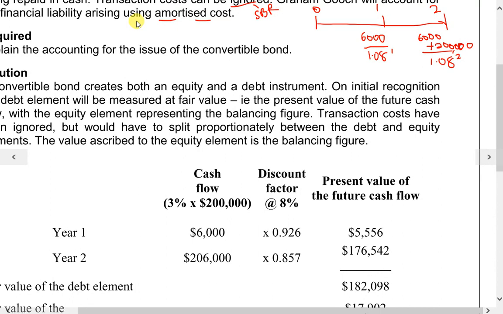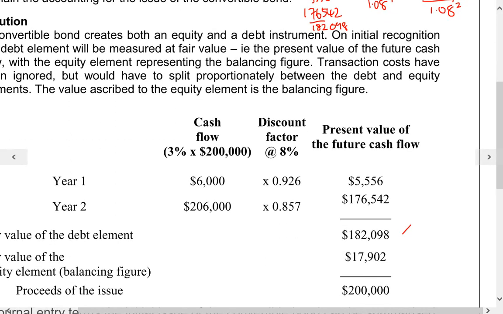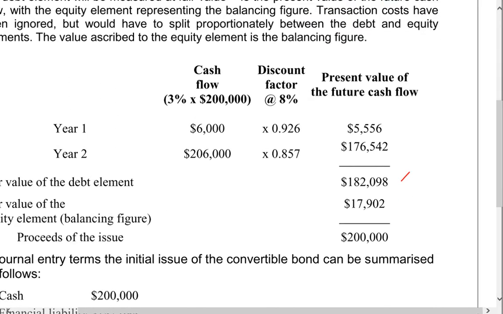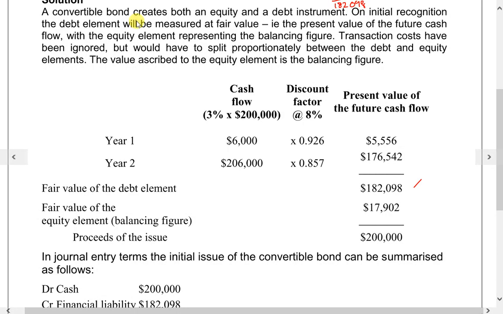Do you understand how to get this? The factor will normally be given. So this is 5,555 and also 176,542. Add up is 182,098. So this is my liability. Therefore, the balance is my equity, the balancing figure.